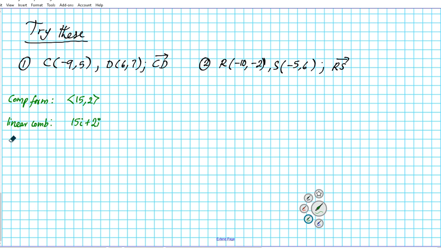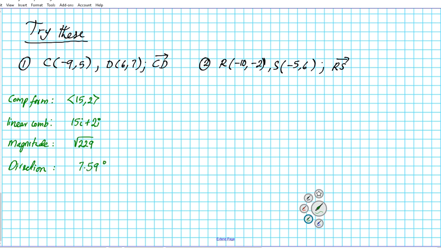The magnitude is the square root of 229. The direction theta is 7.59 degrees.